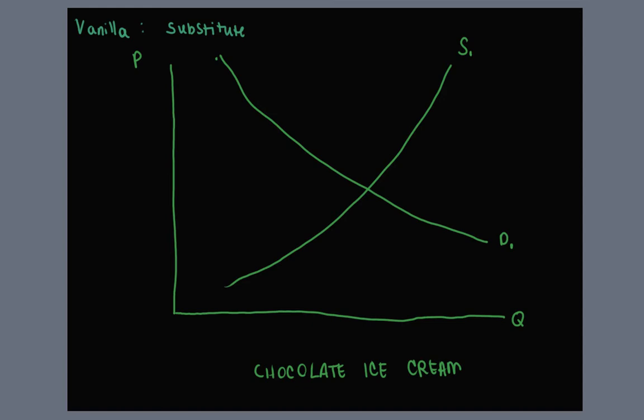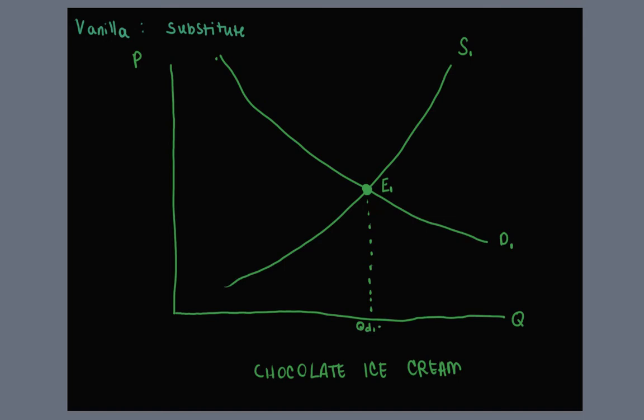This is quantity demanded, but it is also quantity supplied, which is what gives me my first equilibrium quantity. If I come over to the left, I have an equilibrium price that corresponds to the equilibrium quantity.